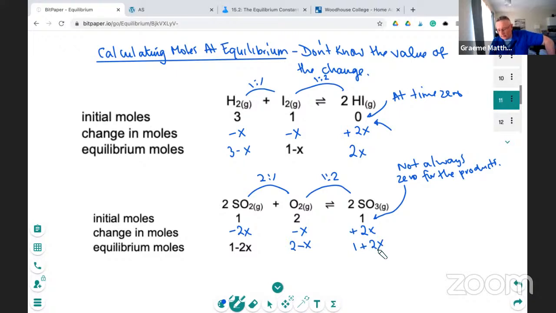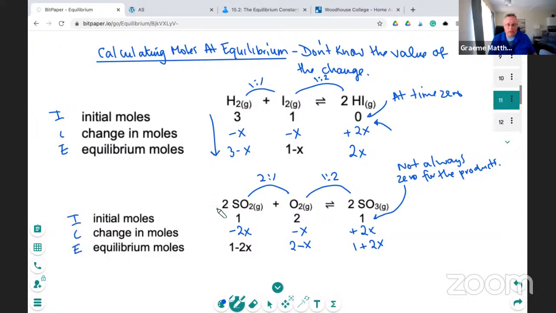Okay, so the point of the first exercise, chemists, was: can you calculate moles at equilibrium if you know what the change is, or you don't know what the change is? And the point of the exercise is you use these ICE tables like so. ICE tables, you see these on the exam.